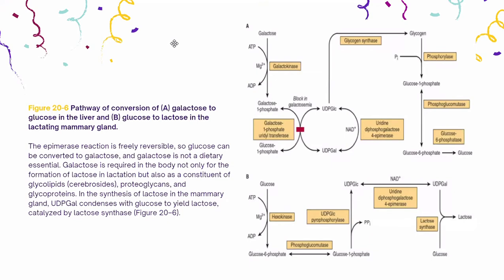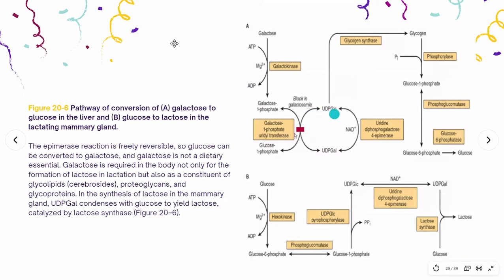Oh, here you are. So you have a specific enzyme, galactokinase, acting on galactose. So galactose 1-phosphate, all right? Reacts with UDP glucose, if we have UDP galactose and glucose 1-phosphate. So they interact with each other.